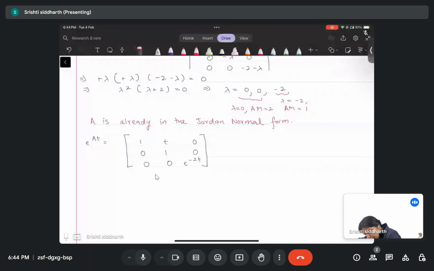You can also check this, but this is e to the power At for this Jordan block. So what I have written is e to the power 0t, t into e to the power 0t, like this, and e to the power 0t.